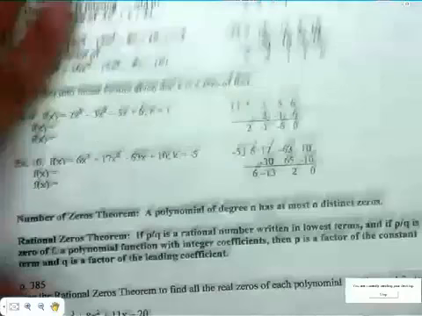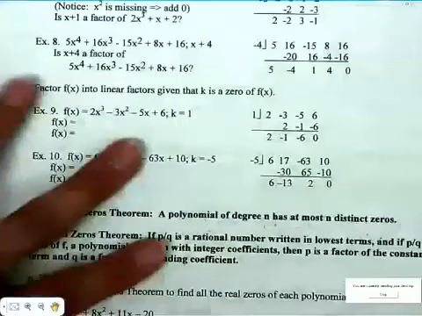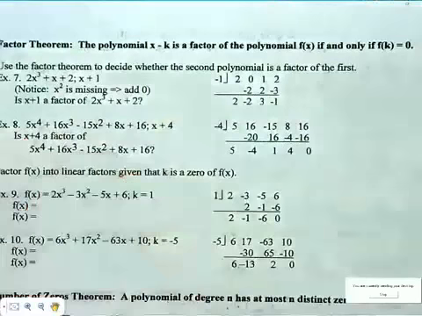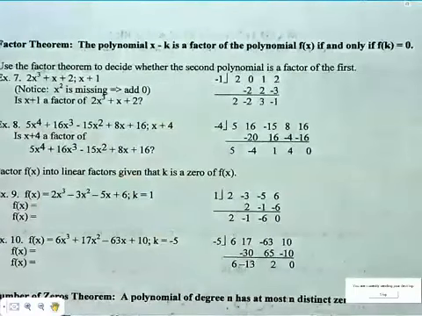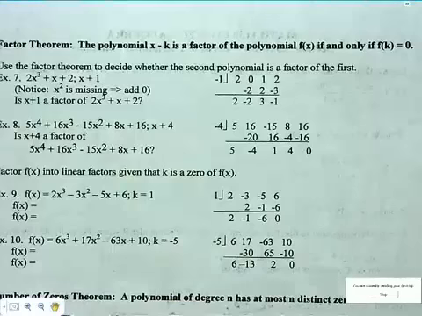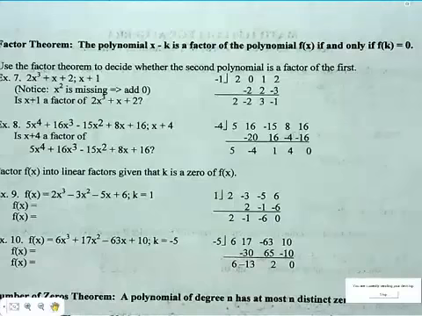The factor theorem. I kind of alluded to this last Friday or Wednesday. I said if you divide a number, say 3, into some other number 12, and you get 0 for a remainder, what does that mean? A few different ways that you could say it. But what does that mean if you divide one number into another and get 0 for a remainder? It means the first number is a factor of the second.